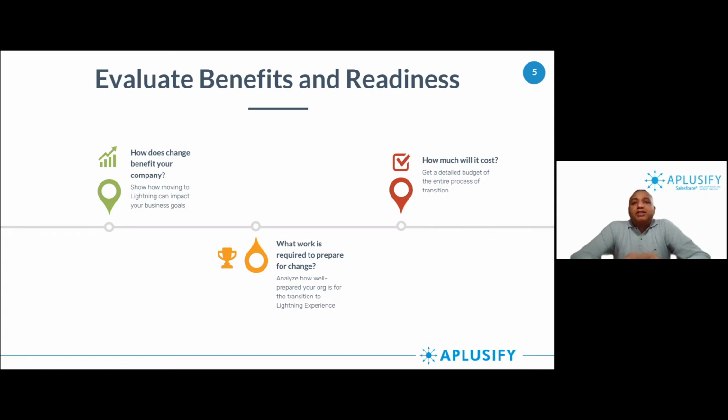Now, once you have defined the benefits and aligned them with the business goals, you should understand what efforts are required to do that change, okay? So you should analyze how well your org is prepared for the transition to Lightning Experience. You should know what changes need to be done.